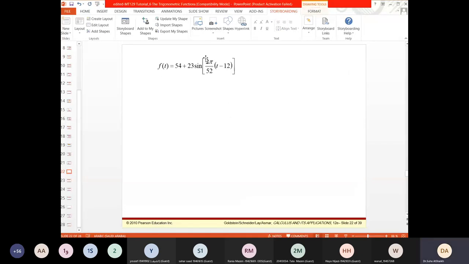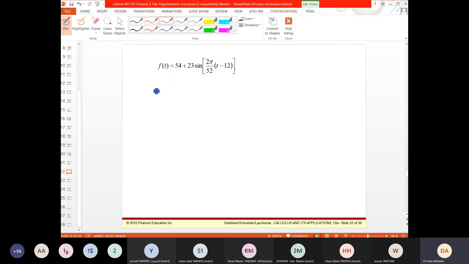I want to find the derivative of this function. So to find the derivative of this function, f dash at t, this equals the derivative of 54, which is 0. Now the derivative of this part, 23 is a constant. What is the derivative of the sine? The derivative of the sine is cosine. It's cosine of what is inside it. So it is 2 pi over 52 times t minus 12.